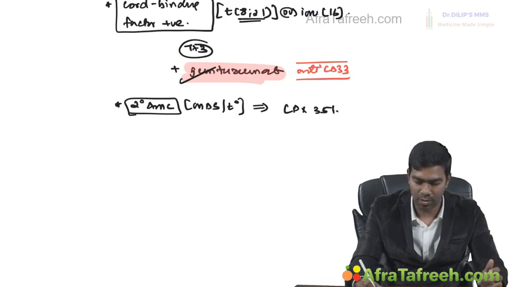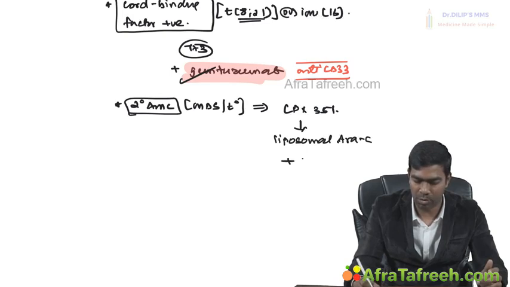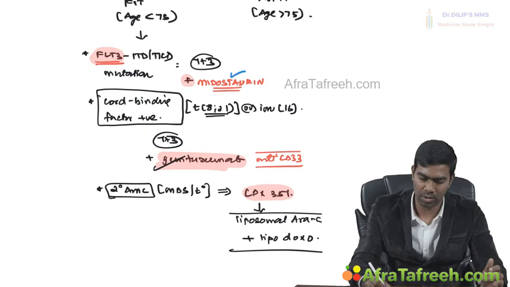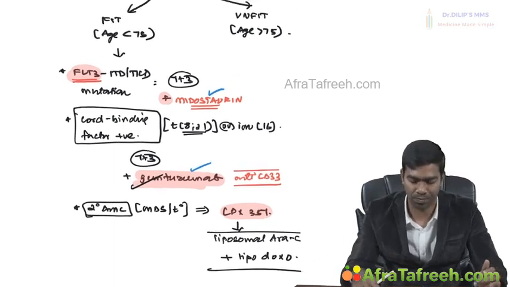Where you are going to use something called liposomal arabinoside, plus you are going to add liposomal doxorubicin or liposomal daunorubicin. This is what we refer to as the CPX351 regime. So these are the things that you have to know. In this, the two drugs that you have to know for sure are midostaurin and gemtuzumab. So these are two drugs I would like you to know.